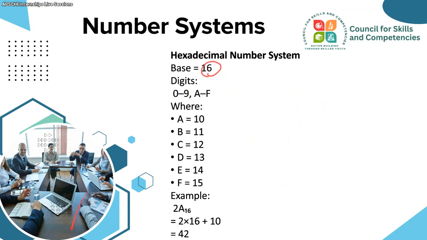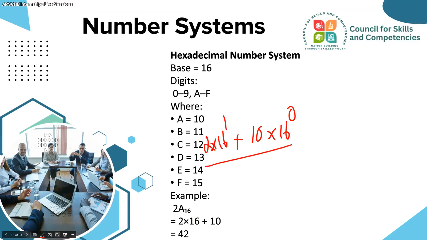Because the base is 16. Then plus 2 into 16 power 1. 16 power 0 is 1, so 10 into 1 plus 32, and the answer is 42. That is the idea behind these numbers.